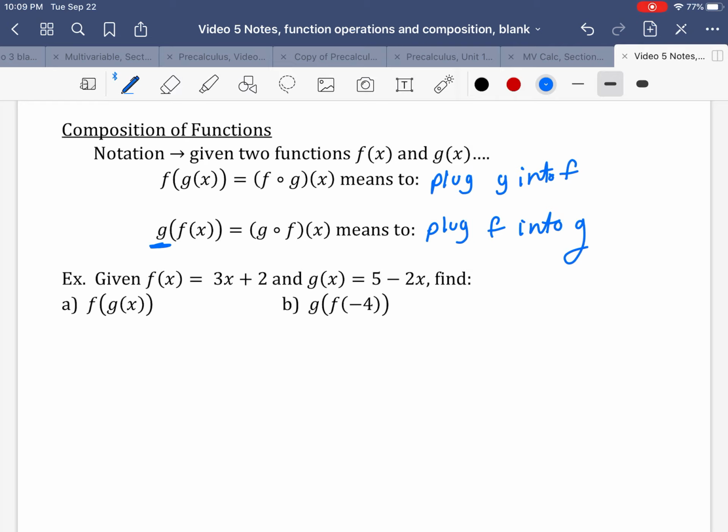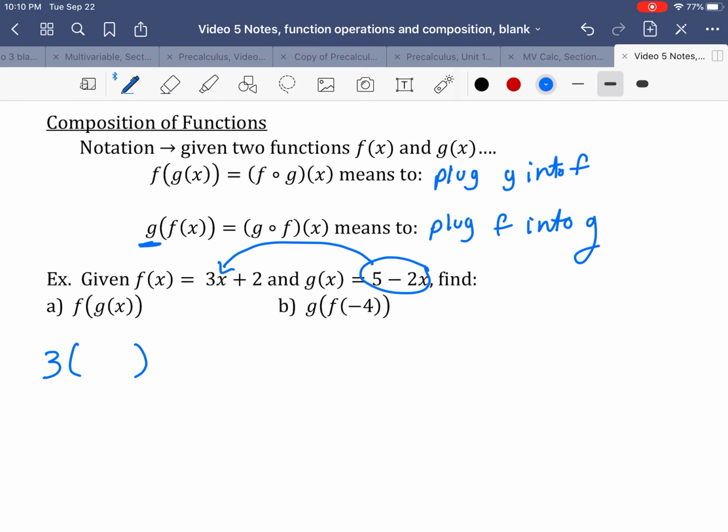All right, so let's try that here. Letter A says f of g of x. So it means I have to take all of g and plug it into f right there. If I do that, I would write down 3 blank space, because this is my pattern for f, 3 blank space plus 2. And in that blank space, I put g, the 5 minus 2x.